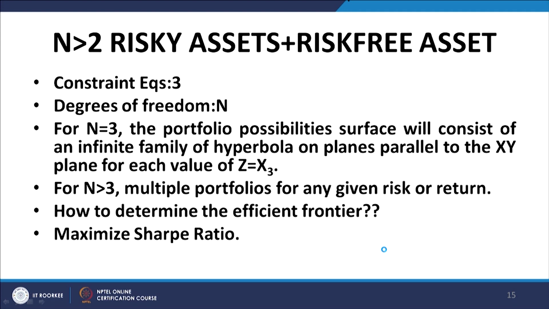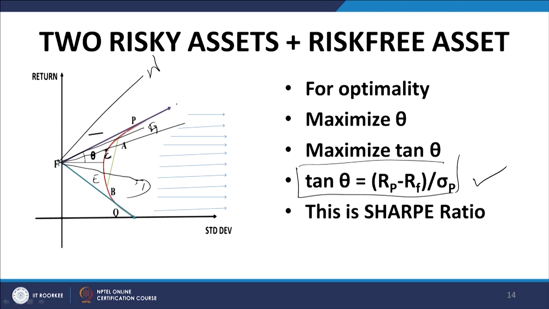Please note, this efficient frontier, in the case of 2 risky assets plus 1 risk free asset, is a straight line. And where on this particular straight line would the actual investment lie?